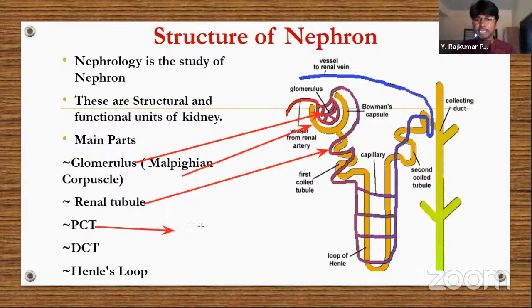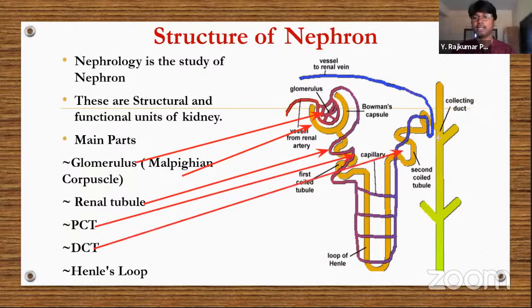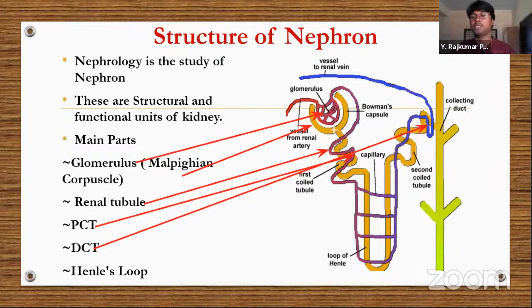This is PCT, meaning proximal convoluted tubule, and the next one is distal convoluted tubule. After the Henle's loop you find this DCT, which is distal convoluted tubule. The next is the Henle's loop.